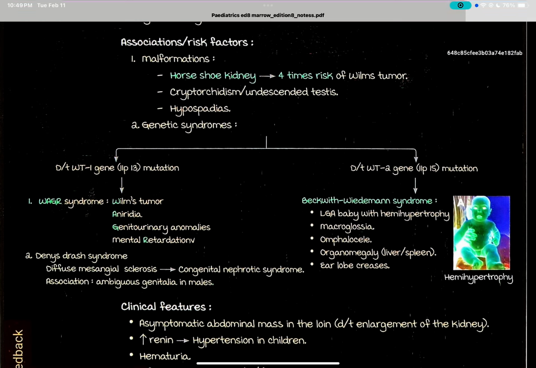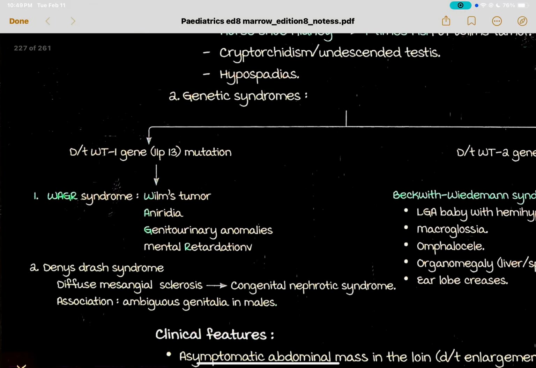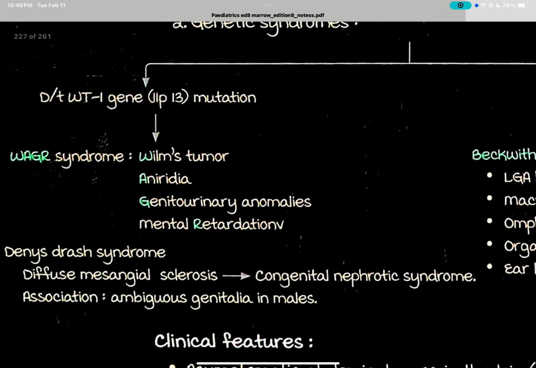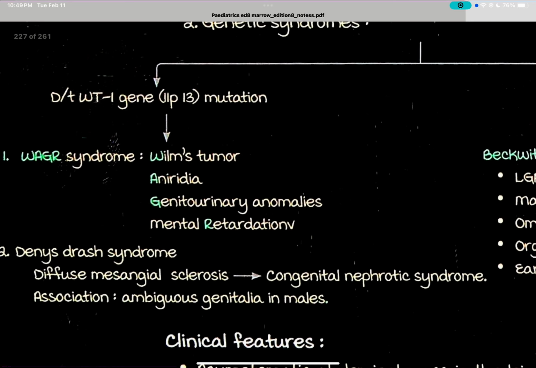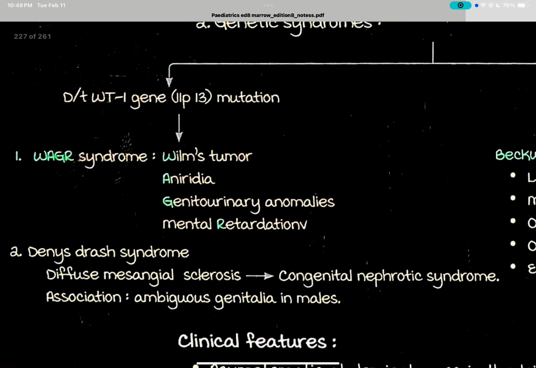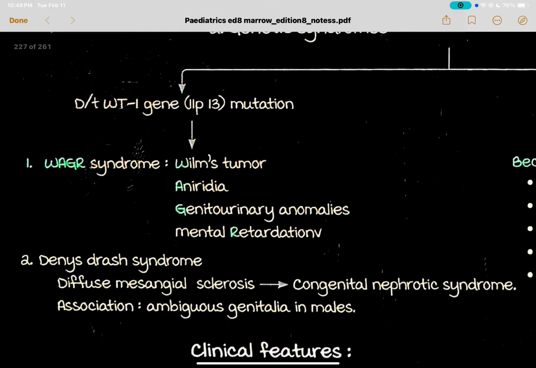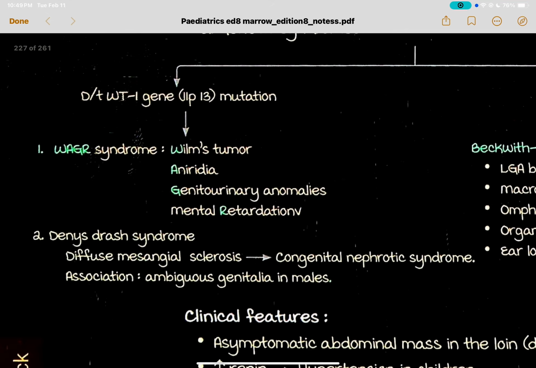It is due to the WT1 gene and the WT2 gene. So WT1 gene, that is Wilms tumor type 1 gene, 2p13 mutation, Weger syndrome. What is Weger syndrome?